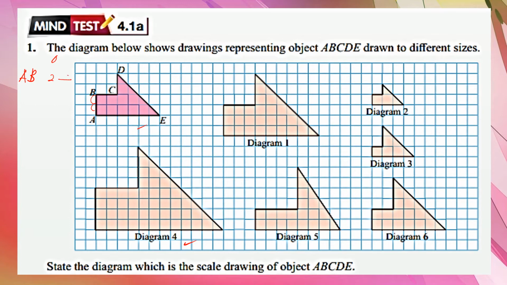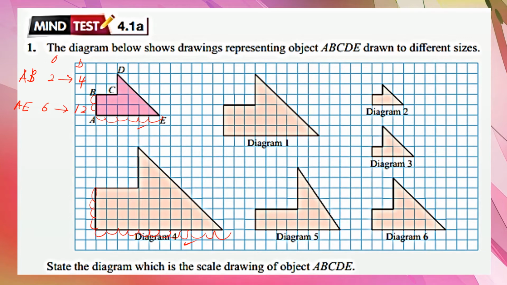In the drawing, you take the corresponding side for AB: 1, 2, 3, 4, so 4. Take another one, let's say AE. In the object, how many boxes? AE is 1, 2, 3, 4, 5, 6, so 6. What about the AE in diagram 4? 1, 2, 3, 4, 5, 6, 7, 8, 9, 10, 11, 12.